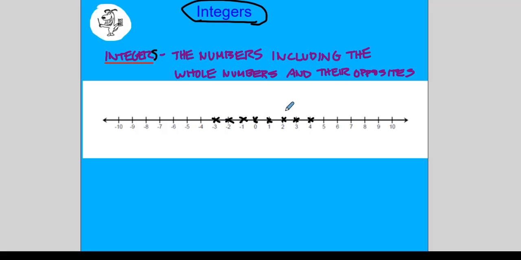So that's what an integer is. It is a positive or negative whole number. So 1/2 is not an integer. 0.1, which is 1/10, those are fractions, those are not integers. So for our work with the greatest common factor and least common multiple, we will only be working with integers.